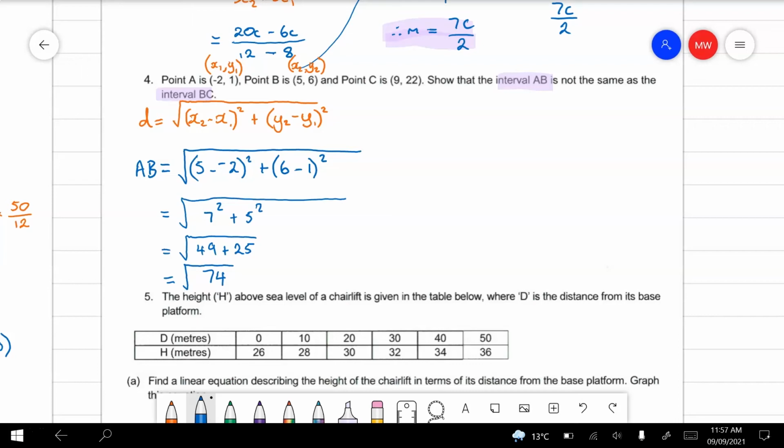That's not going to square root neatly. It's going to give me a horrible decimal. So I might just leave that at this stage, just like that.